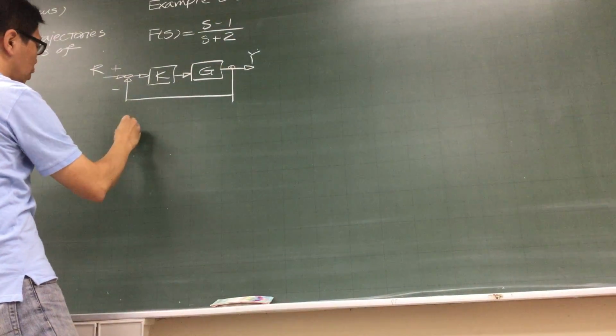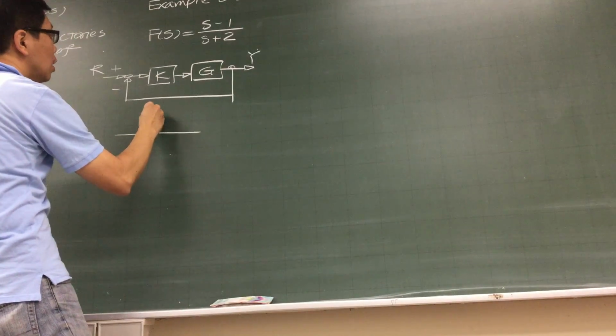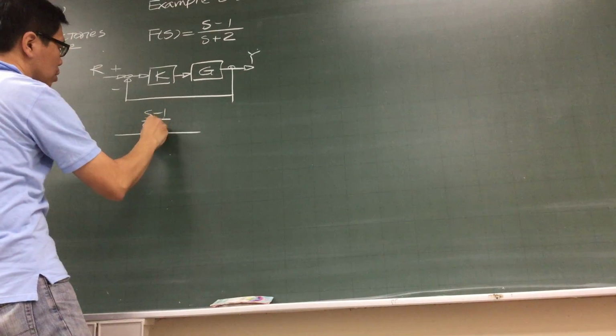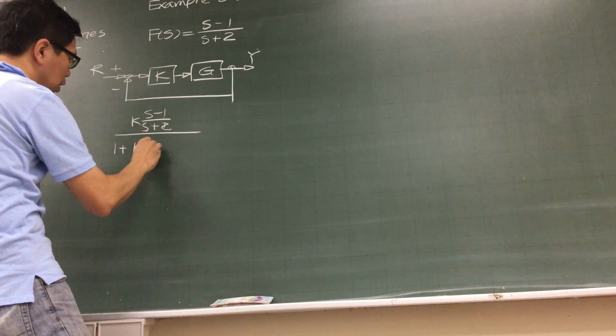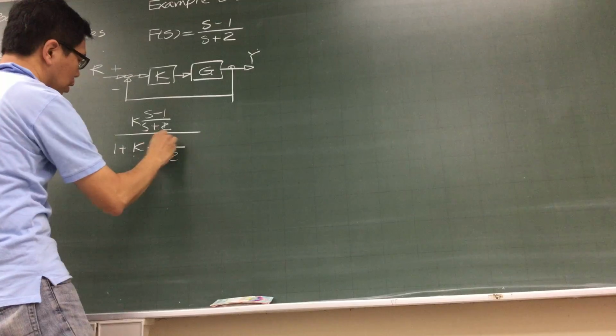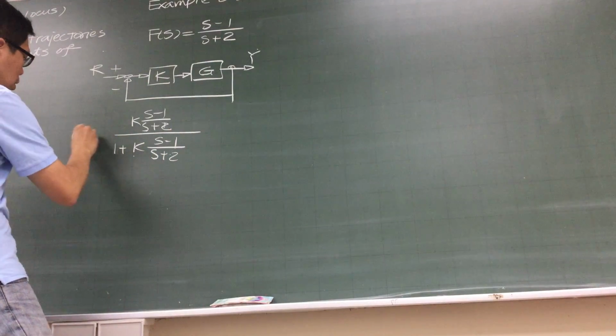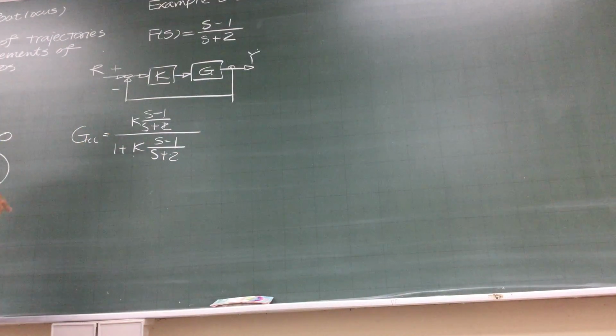We are going to have (s minus 1), (s plus 1), 2, K, 1 plus K, (s plus 2), (s minus 1). The closed loop is going to be like this, right?